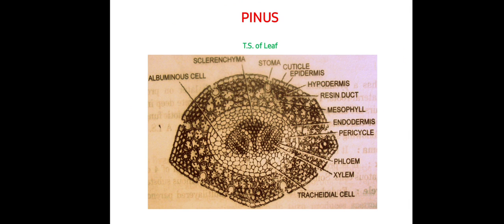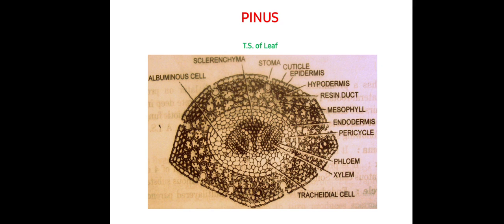Coming to the mesophyll, the region below the epidermis is called mesophyll. Mesophyll is parenchymatous and not differentiated into palisade and spongy parenchyma. Here the mesophyll cells have thin walls and infoldings as finger-like projections to increase the surface area for photosynthesis, called armed parenchyma.